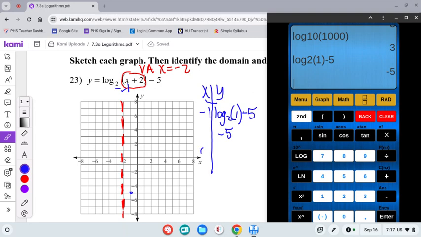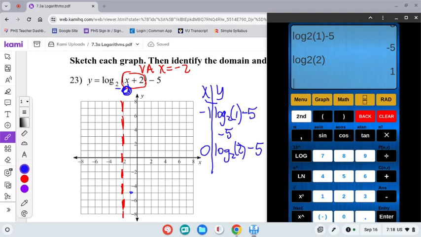So then let's try 0. Log base 2 of, all right, 0 plus 2, that's 2 minus 5. Let me just show you something. Log 2 of 2 is 1. Of course that's 1 because we're finding the exponent on a 2 that makes 2. 2 to the first power equals 2.